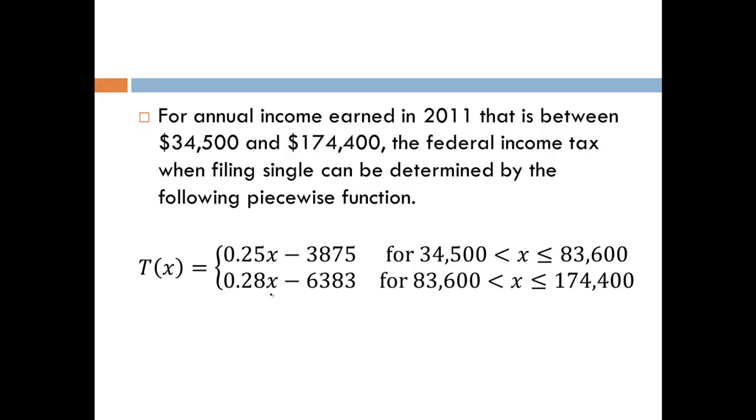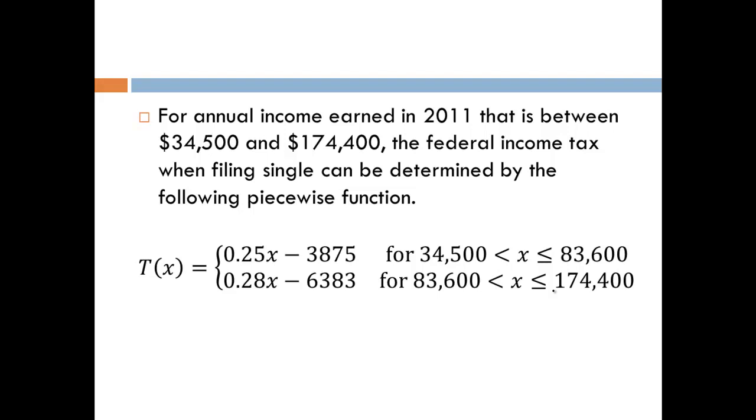But again, this part of the function will only be used if x is greater than 83,600 and less than or equal to 174,400. And again, remember that the schedule itself had 6 pieces. This is just 2 pieces of that table, and we could come up with similar expressions for the other 4 pieces.